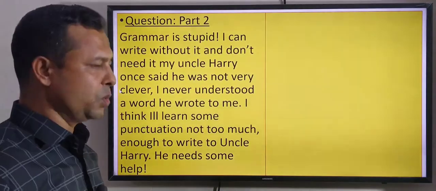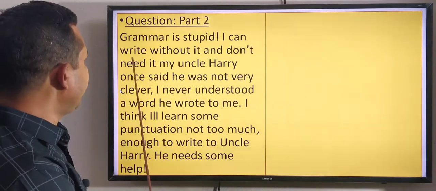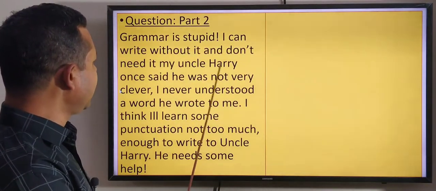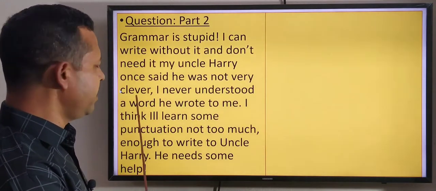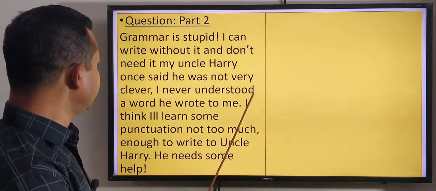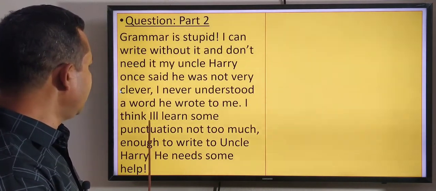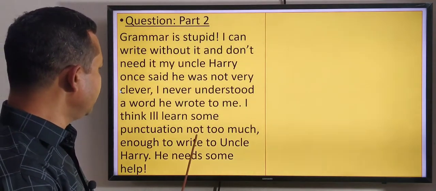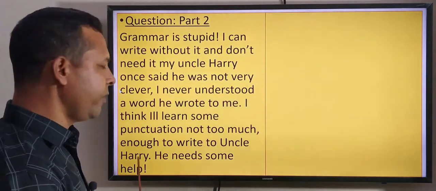This is part 2. Grammar is stupid. I can write without it and don't need it. My uncle Harry once said he was not very clever. I never understood a word he wrote to me. I think I will learn some punctuation, not too much, enough to write to Uncle Harry.